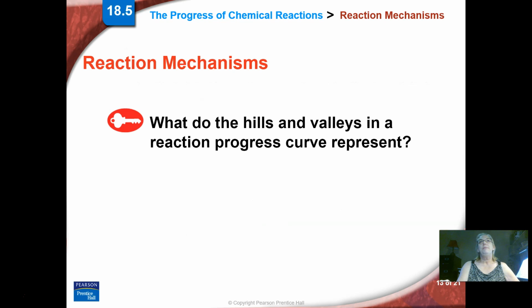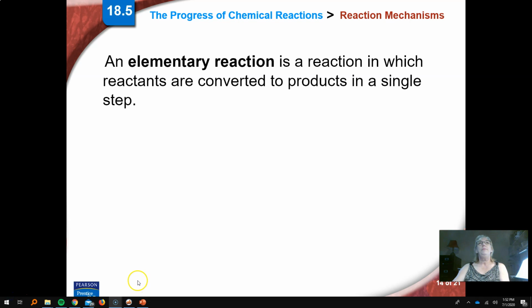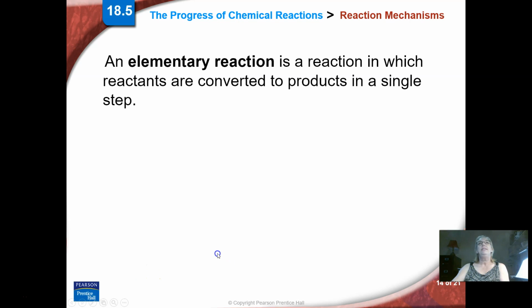So when we have a reaction mechanism, we can show the progress of it, and sometimes you'll see hills and valleys. A really simple reaction, an elementary reaction, is one where the reactants are converted to products in a single step. That's a very easy one.